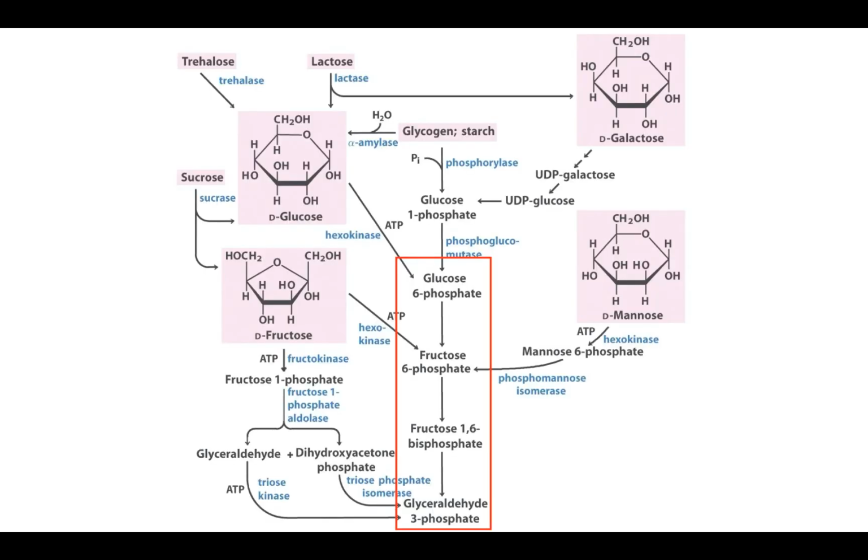Okay. And so here, basically, there exist all sorts of enzymes within the biome that convert various carbohydrates, glycogen, starch, galactose, mannose, glucose, into intermediates of glycolysis.